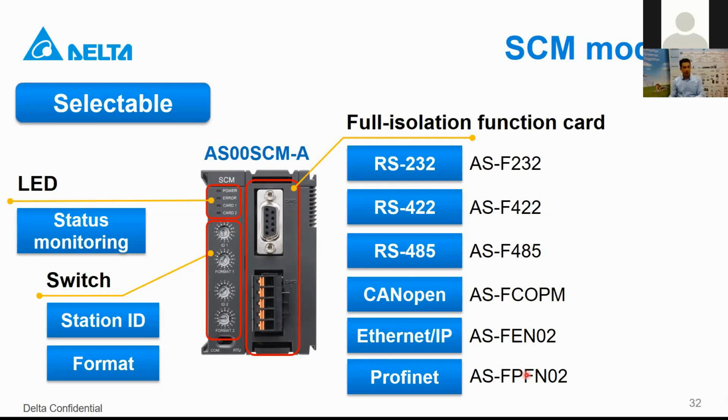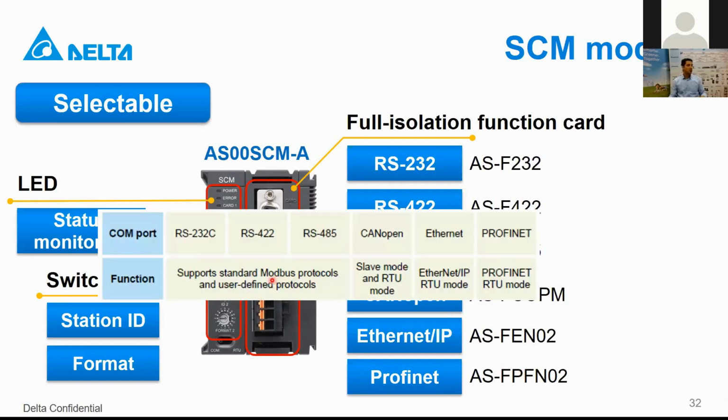Okay, and let's see the functions. For these 3 serial COM ports, it supports the standard Modbus protocol for sure, and user-defined protocols. What are user-defined protocols? Some devices which are not industrial use serial communication without any protocol. It can be called no protocol. For instance, a master can be a barcode scanner or LED display.